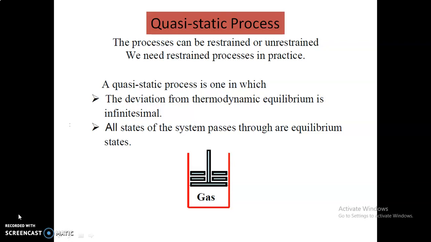If you remove that 1 kg weight suddenly, the piston will move from state 1 to the final state directly. That means we can only know the initial state and the final state. We don't know what happens in between these two states.